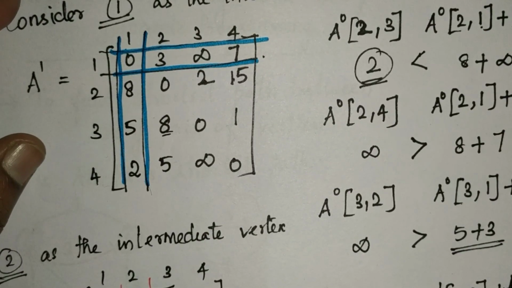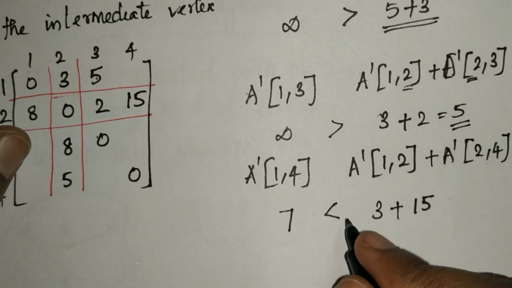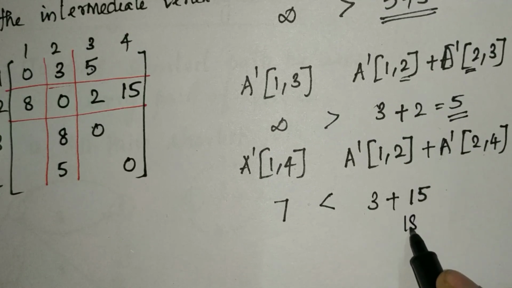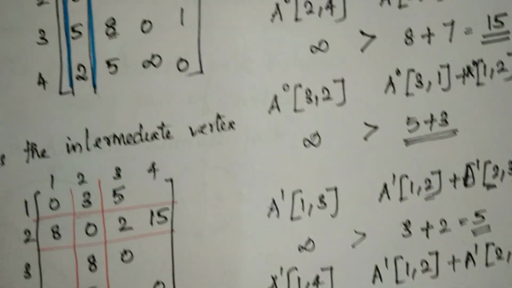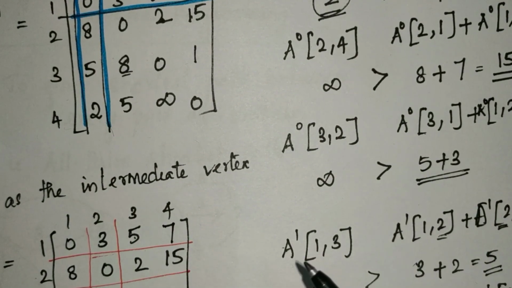So here we are getting 3 plus 15, that is 18. So 7 will be the minimum among these two values, so we have to update the value here as 7.